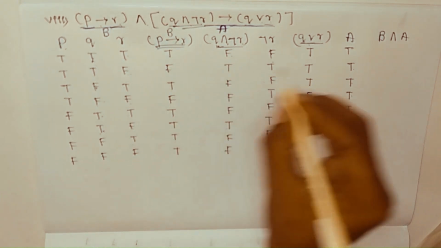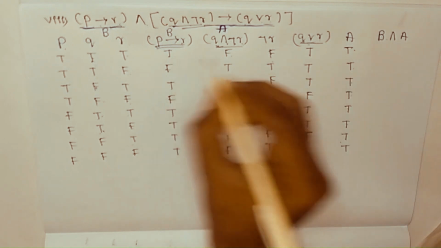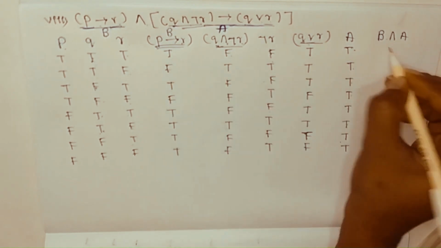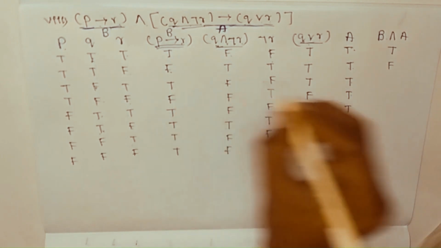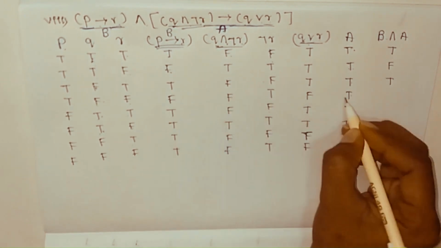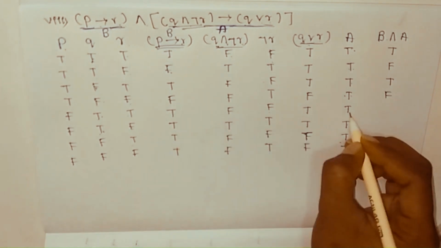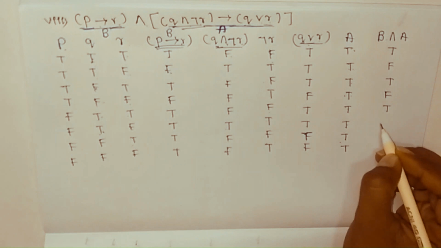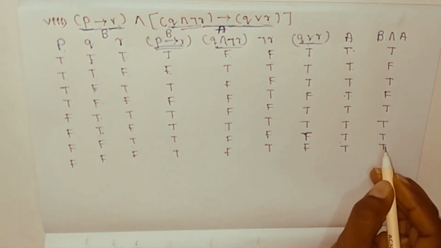This is B. B and A. AND operation: if both are true, then only it returns true.